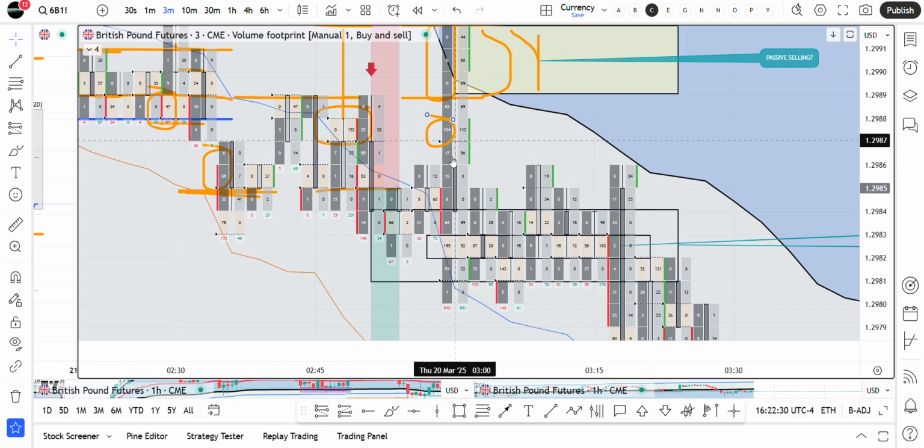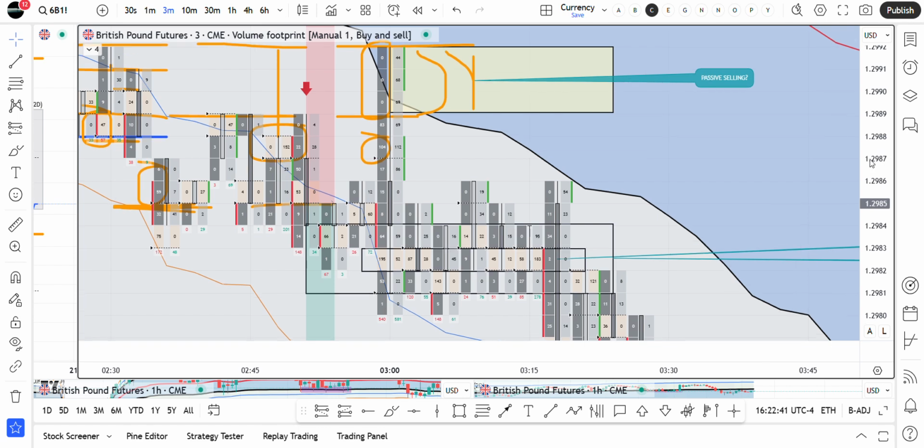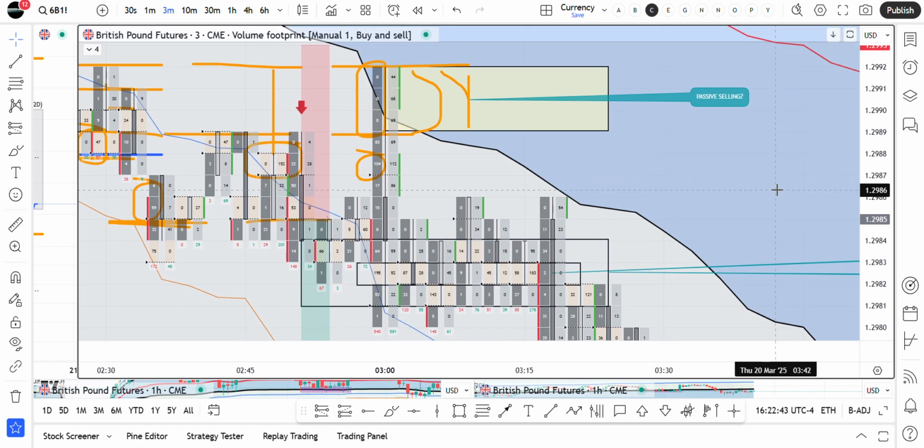So for instance, this 104, this 66, this 53 and 50 over 2 levels. These are all important points, and these are all like the market tipping its hat saying, hey, we're going to go lower, we're just waiting for the right people to step in and for the right amount of contracts to step in.